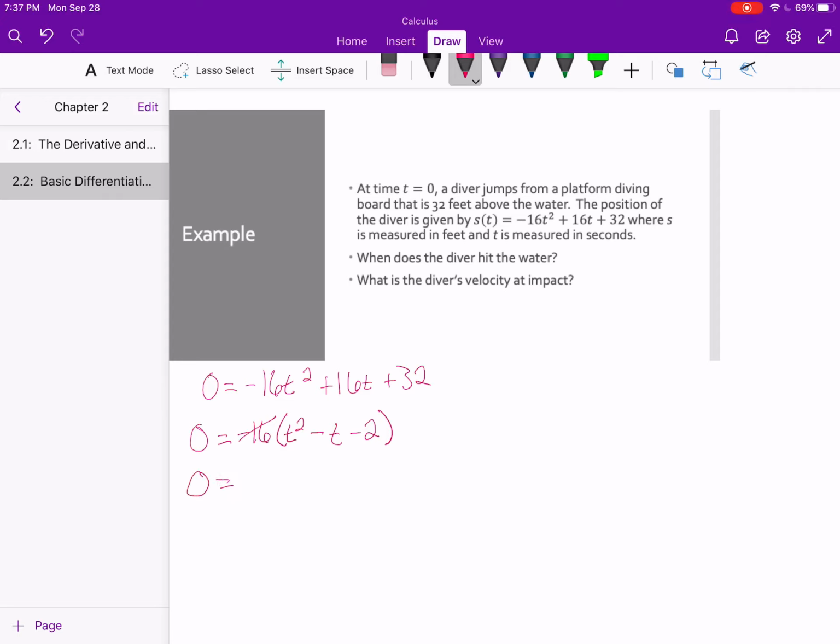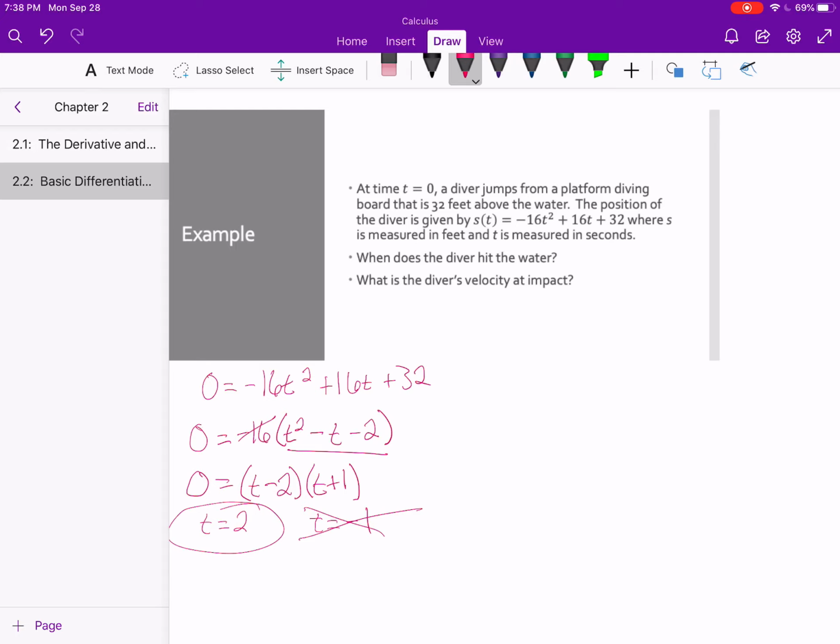And then let's factor this t squared minus t minus 2. So we get t minus 2, t plus 1. So this one tells us that t is equal to 2, this one tells us that t is equal to negative 1. But remember, we don't like negative time, so that one's out. So t equals 2 for that first part. So after 2 seconds, the diver hits the water.